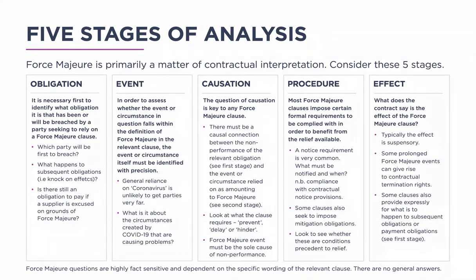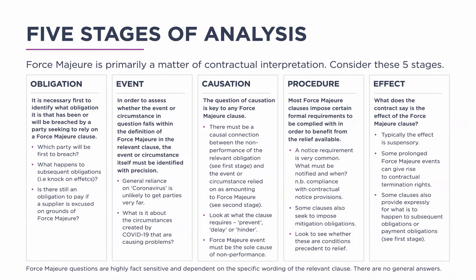And that's important because it means that we have to look quite carefully at what the contractual chain of events looks like in order to get to the bottom of who is going to be the first to default. And it may actually be that it's not who we think it is.